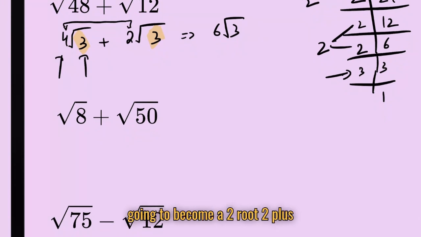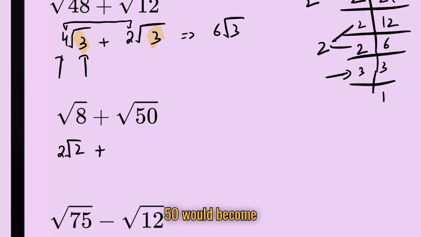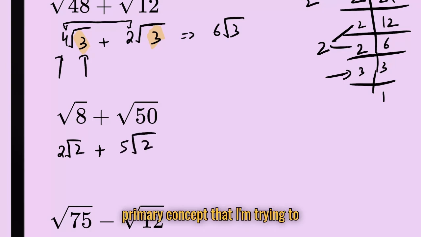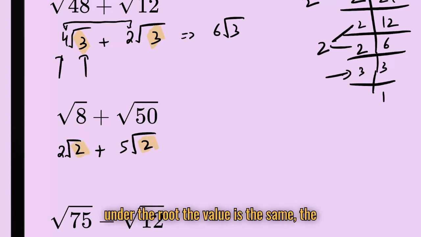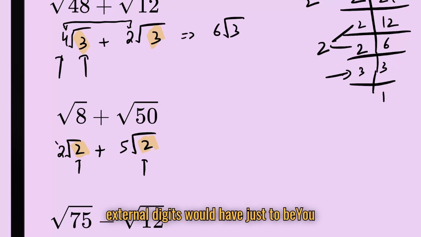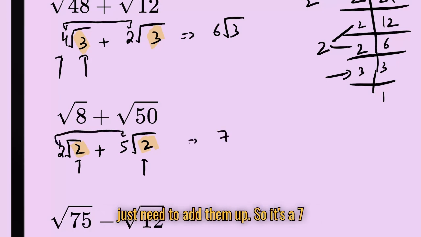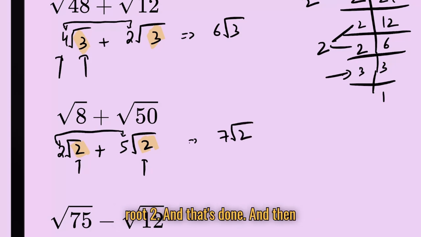I know that root 8 is going to become 2 root 2, plus root 50 would become 5 root 2. The primary concept that I'm trying to emphasize here is that if the value under the root is the same, you just need to add the external digits. So it's 7 root 2, and that's done.